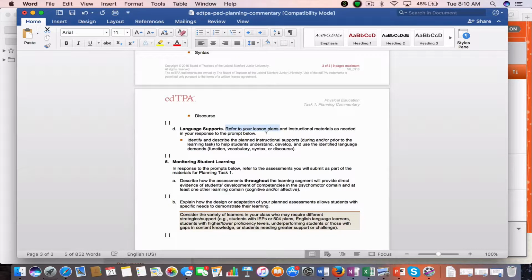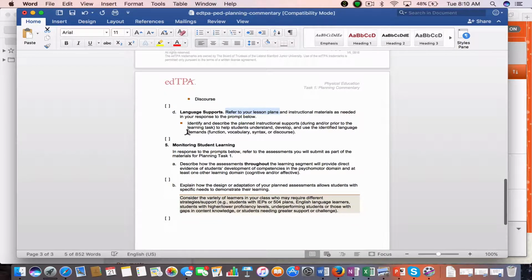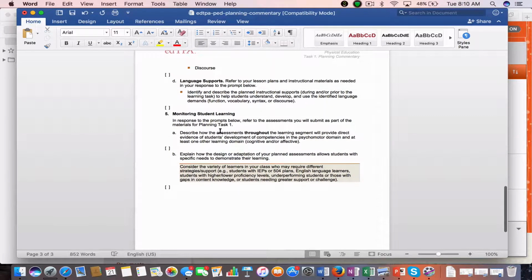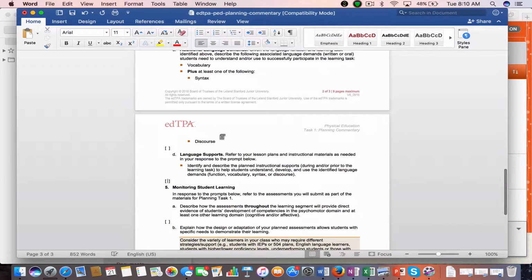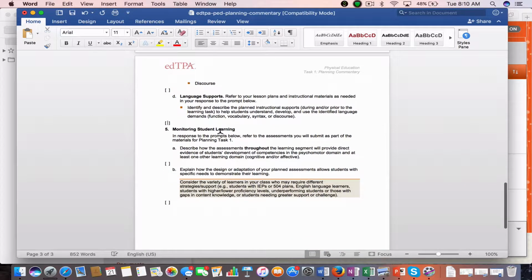So this is all of your lesson plans now. So for D, you're writing about all of your lesson plans. Write about the language supports that you have put in place to support students with academic language. Again, you have already done all of this work, so now you're just copying and pasting and arranging.